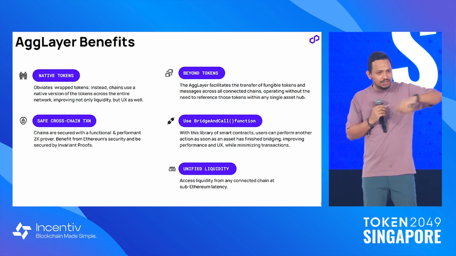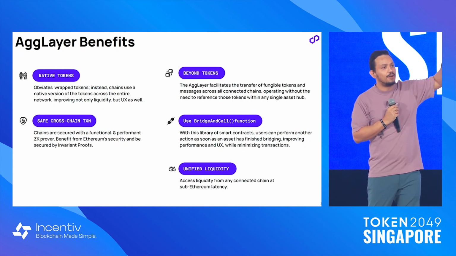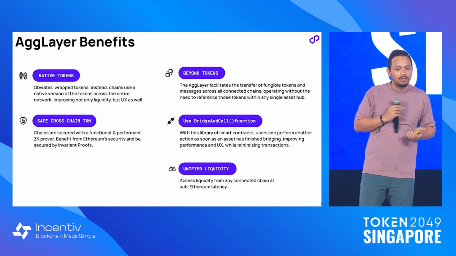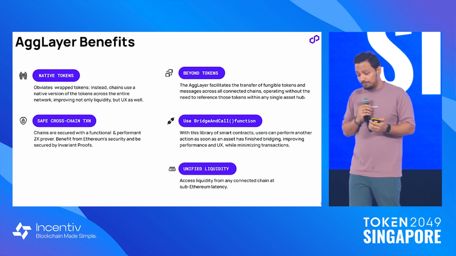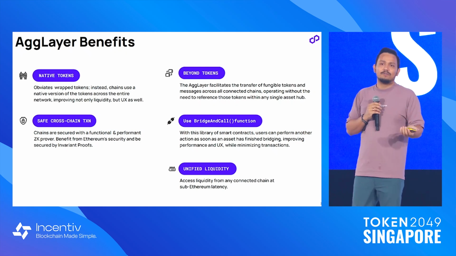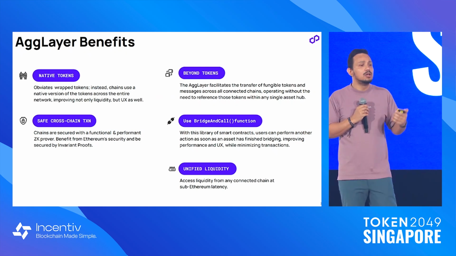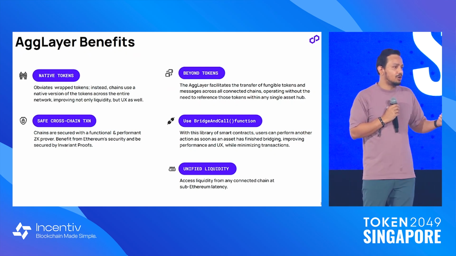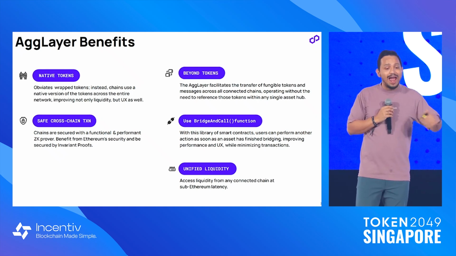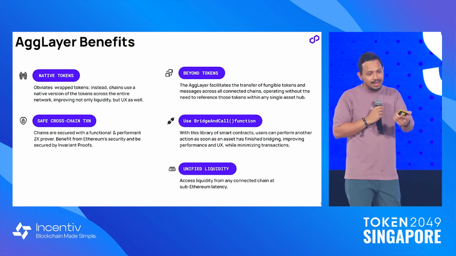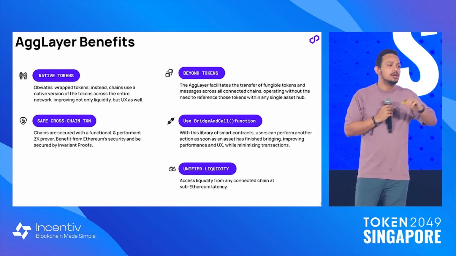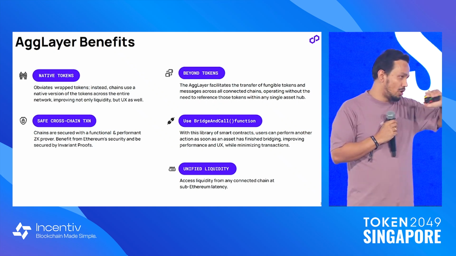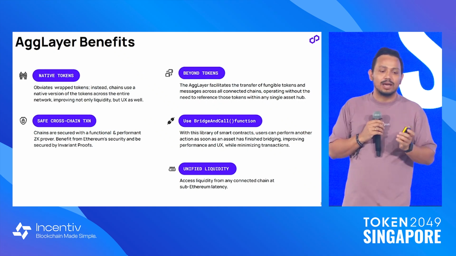It will bridge the asset, and then call a function on the other side, and your funds can get deposited into Binance. Similarly, on-ramp and off-ramp are a very big problem for most of the upcoming chains. It's very hard and costly to get an on-ramp, off-ramp provider to add a new chain. Using Ag layer, you don't need to have on-ramp, off-ramp natively on your chain. You can simply use the on-ramp available on any of the Ag layer chains and connect with it.